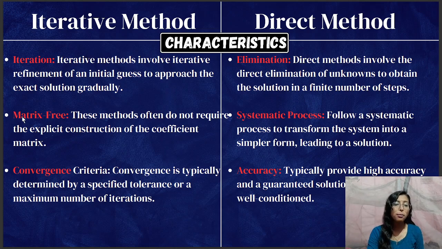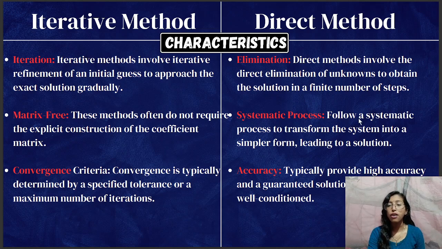Here the second point is matrix free. These methods often do not require the explicit construction of the coefficient matrix. And convergence criteria. The convergence is typically determined by a specified tolerance or a maximum number of iterations.